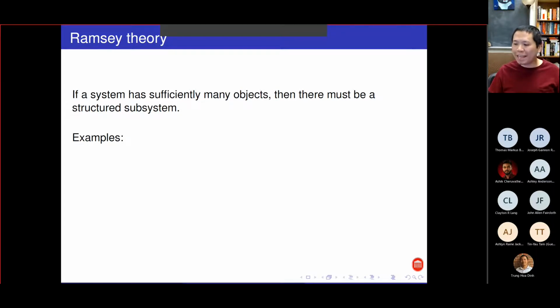Actually, I like my talk to be interactive, so I will sometimes ask you questions. Can you think of any very simple yet very powerful principles in mathematics in this spirit?